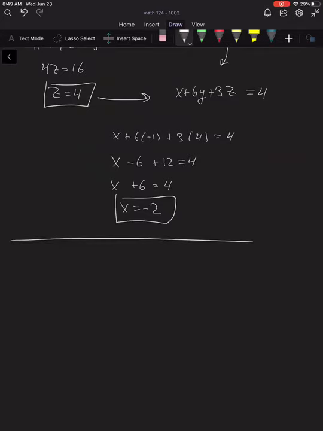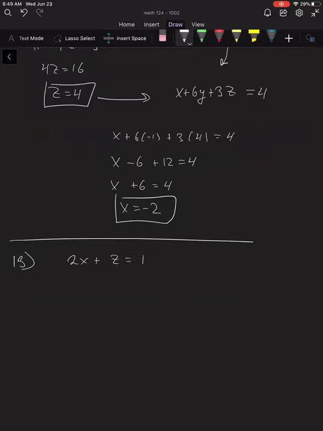Okay, how about one more together? Let's just do this one. 2x plus z is equal to 1.